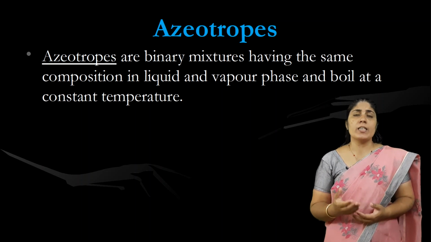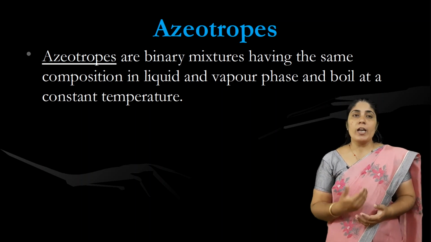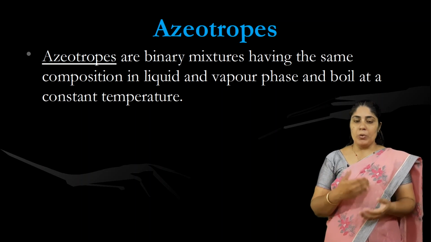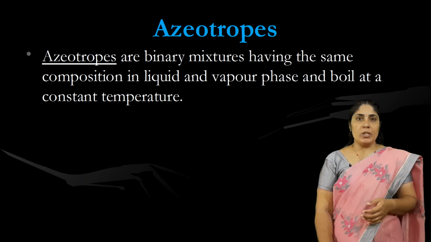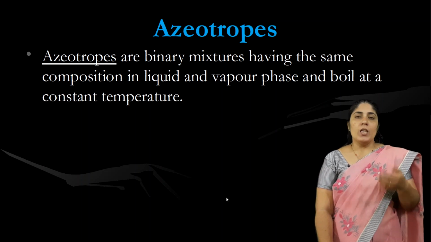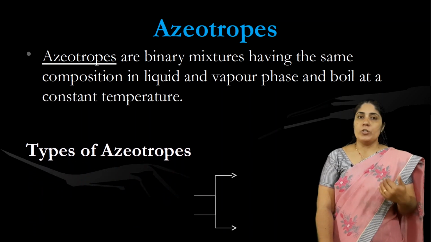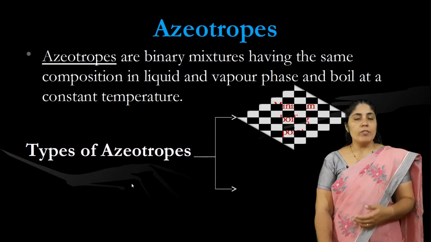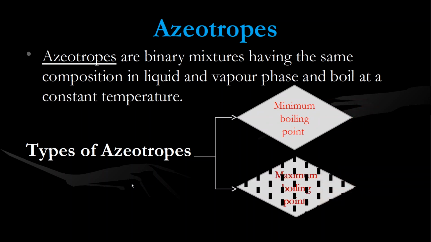That is, azeotropic mixtures are those mixtures which have the same composition in both the liquid and the vapor phase and boil at a constant temperature. This azeotropic mixture is also of two types: minimum boiling azeotrope and maximum boiling azeotrope.